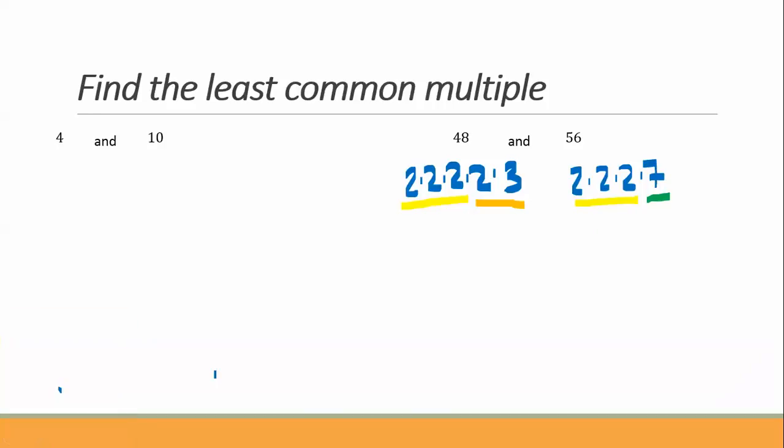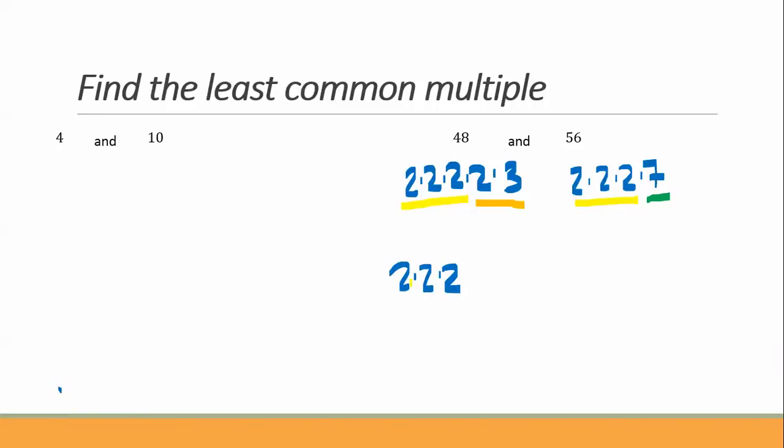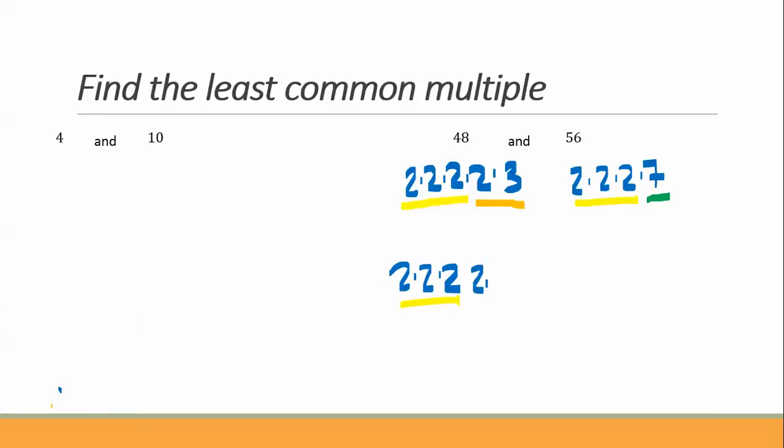So our least common multiple is going to be 2 times 2 times 2, from where our yellow was, and then we have 2 times 3 for the orange part, and we have the 7 as our final.